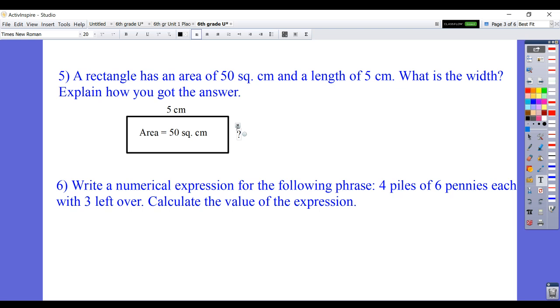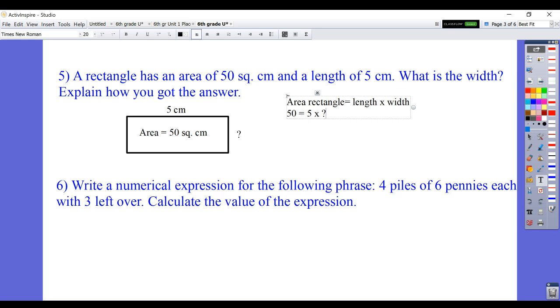All right. Well, we know that the area of a rectangle, you could put this as part of your explaining how you got the answer. The area of a rectangle is length times width. We know that the area in this case is 50. We know that the length in this case is 5. So the question is, what would the width have to be?